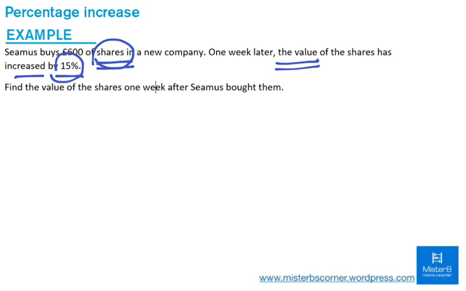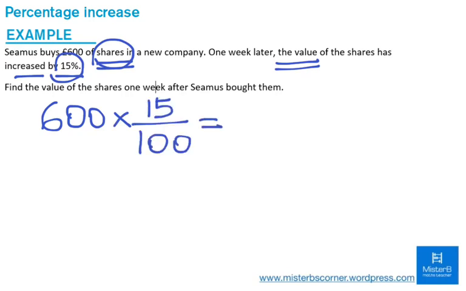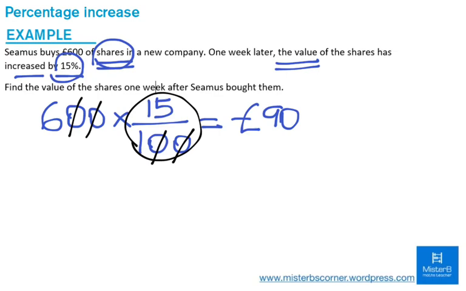Let's first calculate 15% of, say, 600. So here I'm going to get 90 pounds of increase if I use my calculator, or if you'd like, you can just cancel the zeros here. So it becomes 6 times 15, which gives you 90.